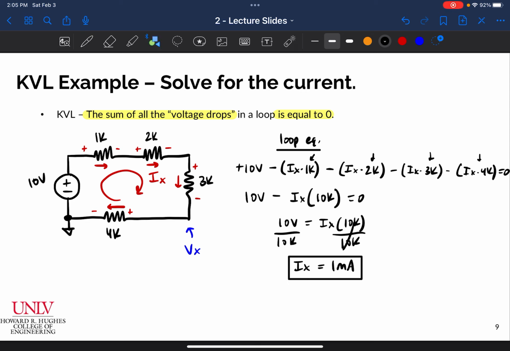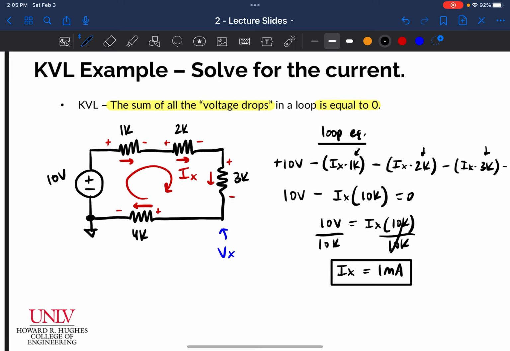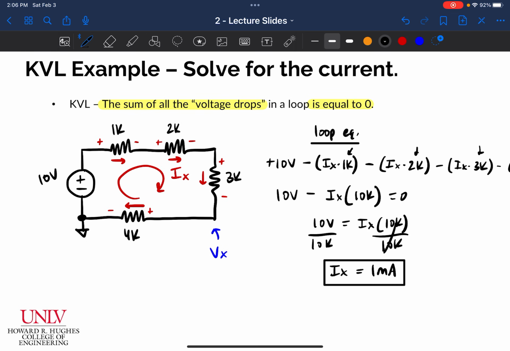We have solved for the current in this circuit using KVL. But now we have to solve for VX. That's pretty trivial. I'm just looking at this little part of the circuit where I have a 4K resistor. One side of the resistor is clearly at ground, so that's 0 volts. The other side is at VX, which is what I'm interested in. I know it's 4K, and I determined my current to be 1 milliamp, so I can use Ohm's law.